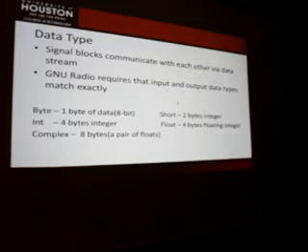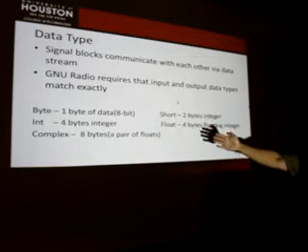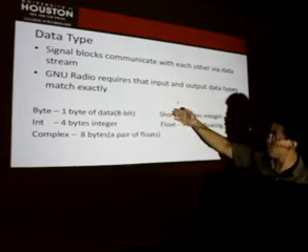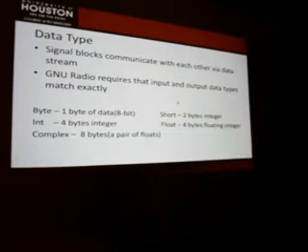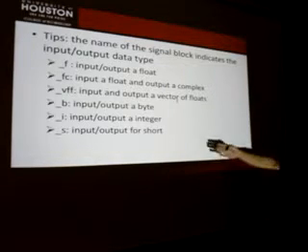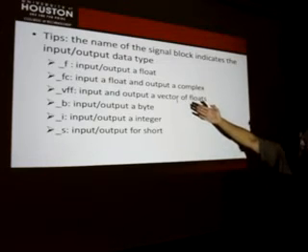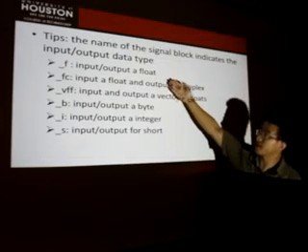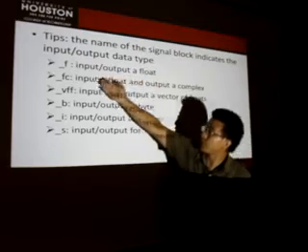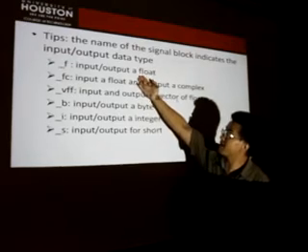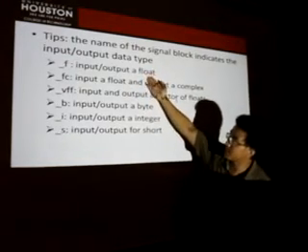Here we have, for example, 5 types of data. We have the byte, the int, the complex, the short, and the float. And also in GNU Radio, we name the blocks at the end with the type of the data at the input and output. For example, here with the block with dash F, it means that the input and the output of that block is float.